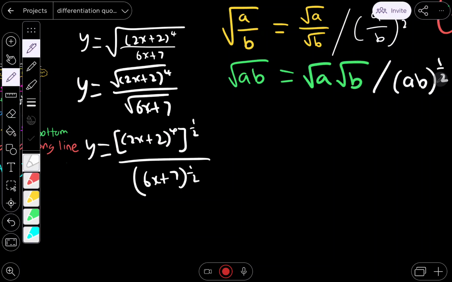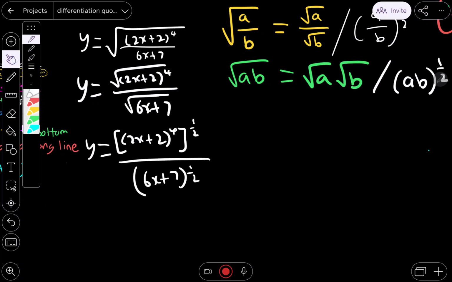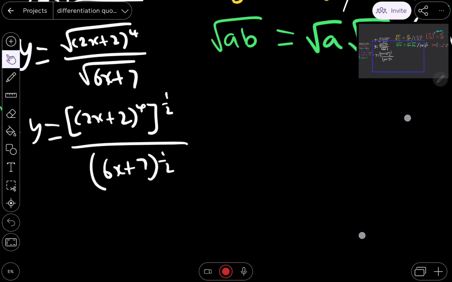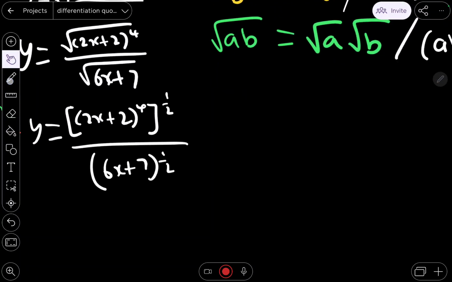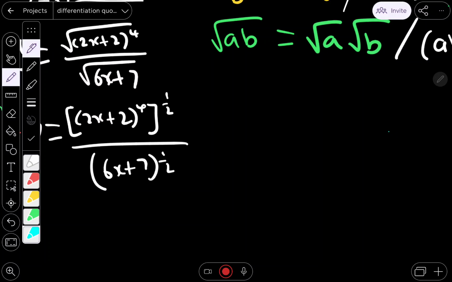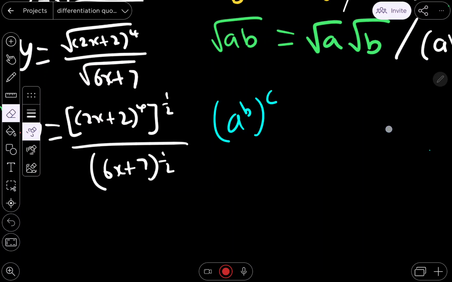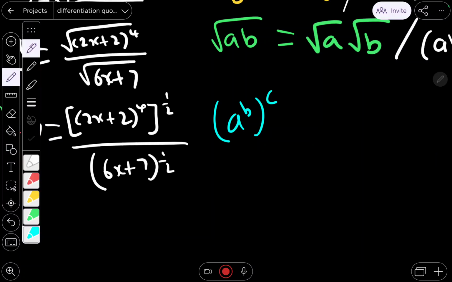Now, remember this indices rule, (a^b)^c equals a^(bc), or we can write it another way, a to the power b times c.